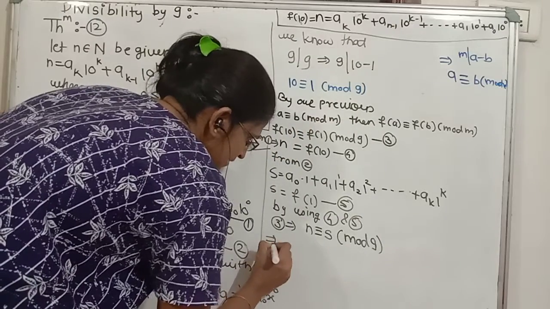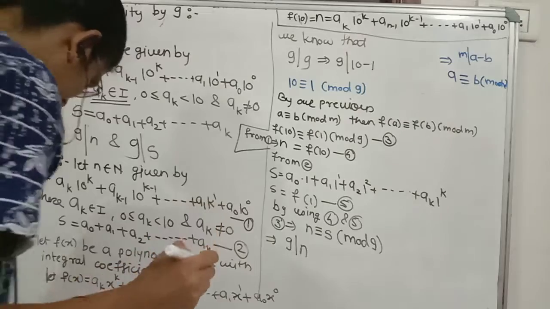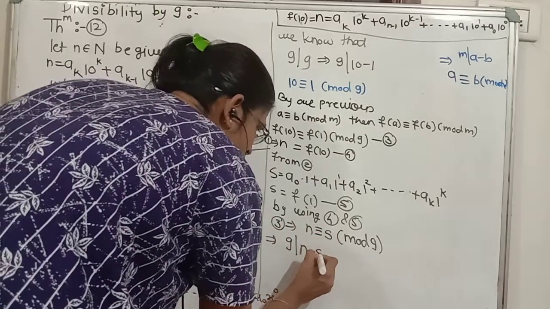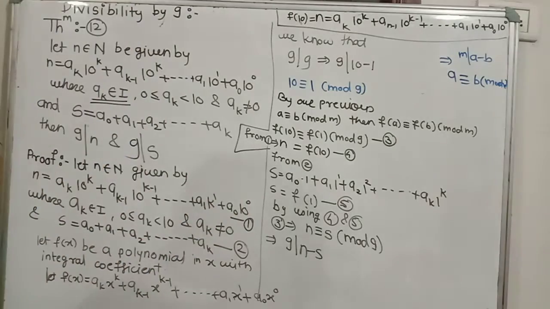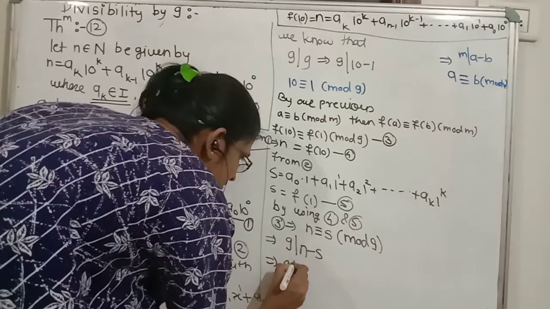That implies 9 divides n minus s, and so 9 divides n minus s means 9 divides n.